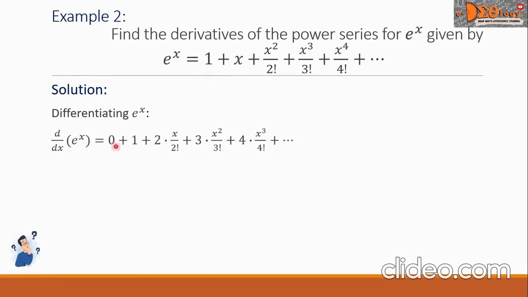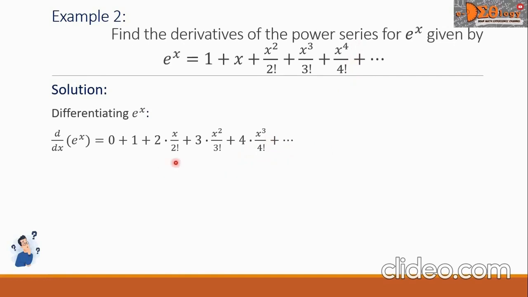So the derivative of 1 is 0, plus the derivative of x is 1, plus the derivative of x squared over 2 factorial will be 2 times x over 2 factorial, plus the derivative of x cubed over 3 factorial is now 3 times x squared over 3 factorial, plus the derivative of x raised to 4 over 4 factorial is now 4 times x cubed over 4 factorial plus and so on.